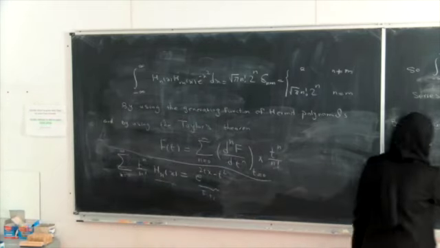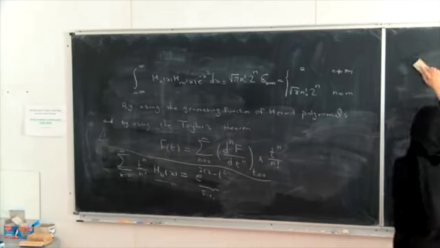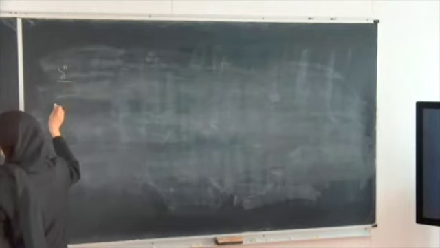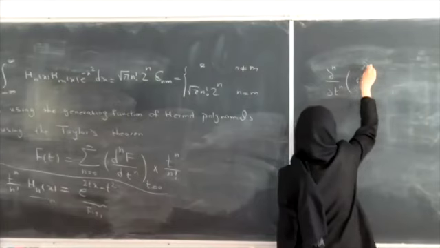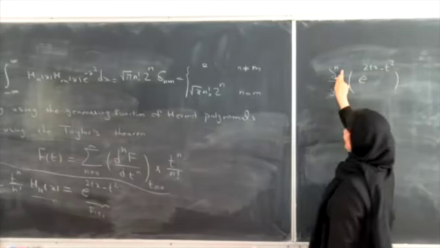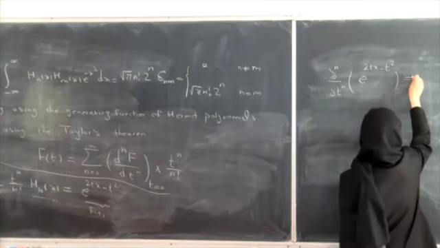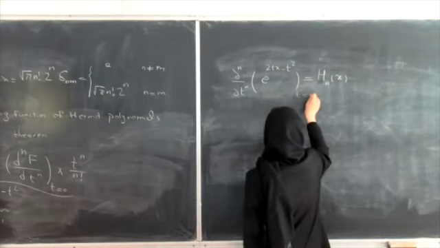So the nth derivative of this function with respect to t equals the Hermite polynomial of x at t equals 0.